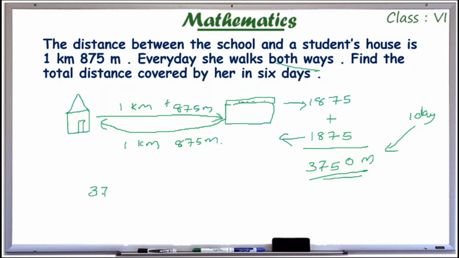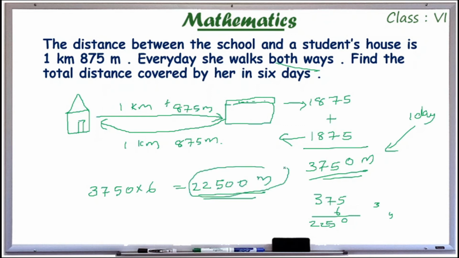Therefore 6 into 3750, I get 22500 meter. She has to walk this much distance for 6 days.